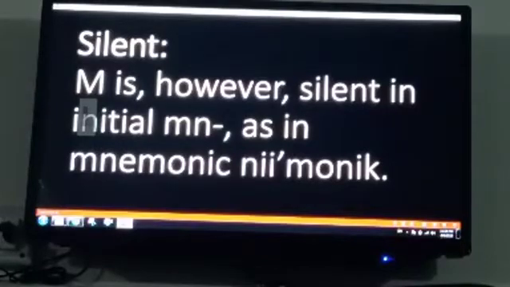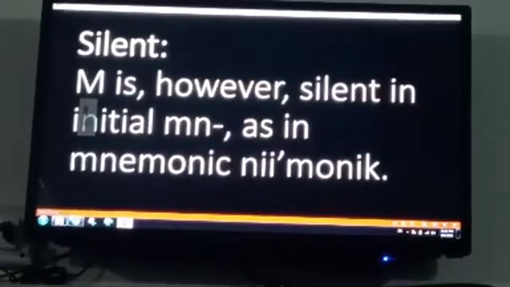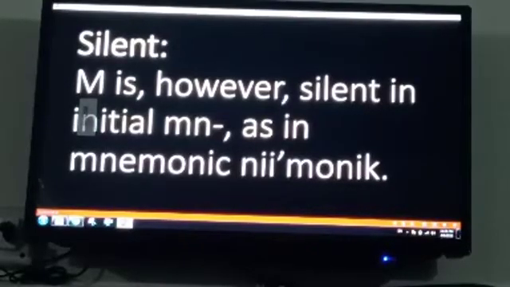This is a point to remember. I will repeat again: when M comes before N at the initial position, then M is silent, as in mnemonic. And when M comes before N at the final position, then N is silent, like autumn, column, etc. Fine. So this was the pattern for silence when M is supposed to be silent. Now let's go on.